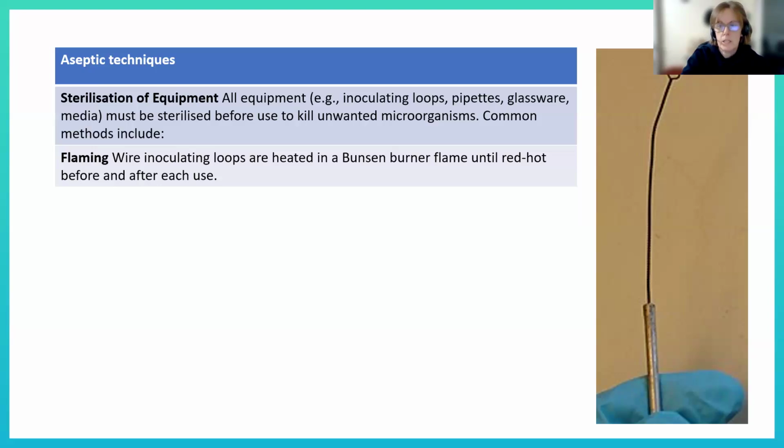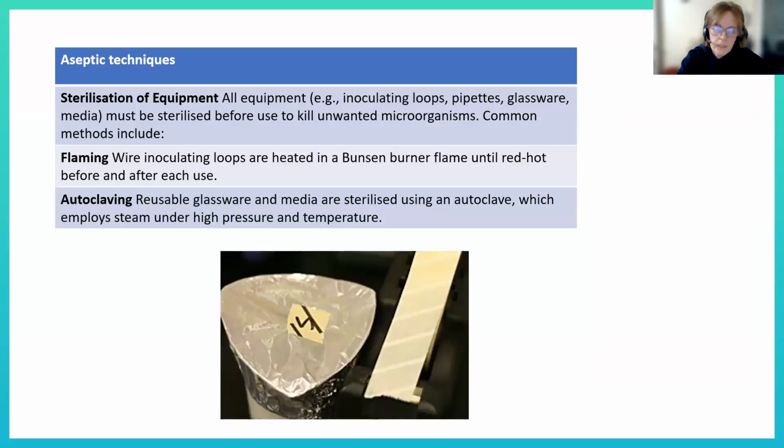And then we can use this loop to pick up our bacterial colony and transfer it to wherever we're transferring it, another agar plate or into some sugar to grow. So this is what we use to sterilize our equipment before we use it, as well as to sterilize our waste afterwards.